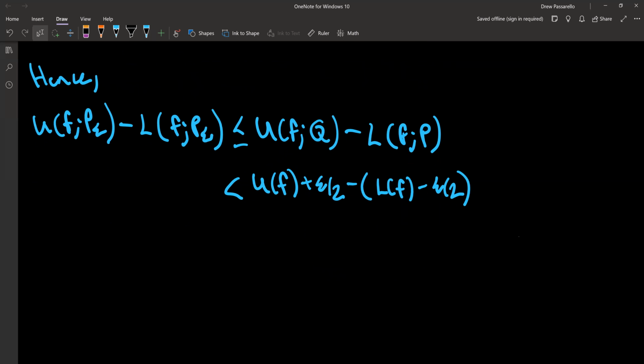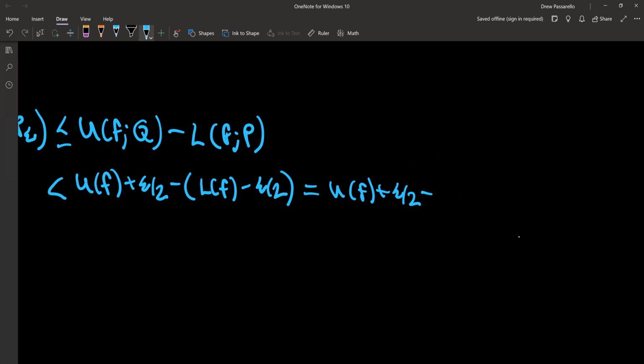And what does this give us? So we distribute the minus, we get U of f plus epsilon over 2 minus L of f, and then negative times negative makes that plus epsilon over 2.